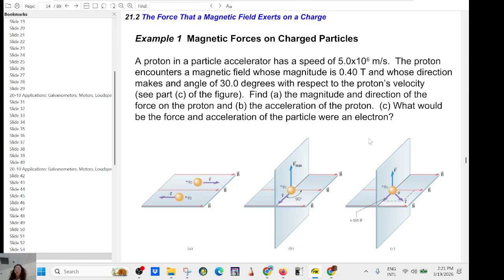So if you don't have the time, I'm going back here. You see, F equals QVB. In that case, you multiply the charge, which is a proton, so that will be 1.6 times 10 to the negative 19, times the velocity, 5 times 10 to the 6, times B, which is 0.4.